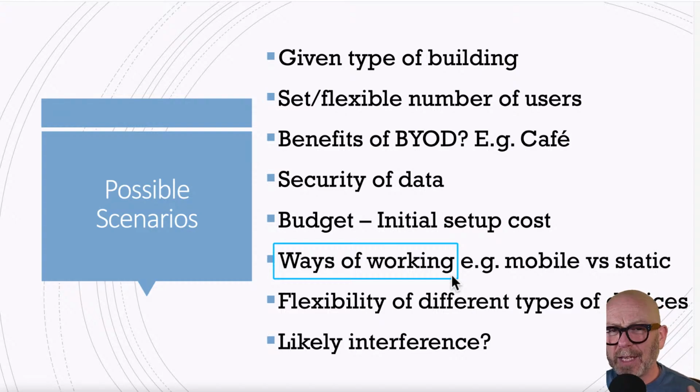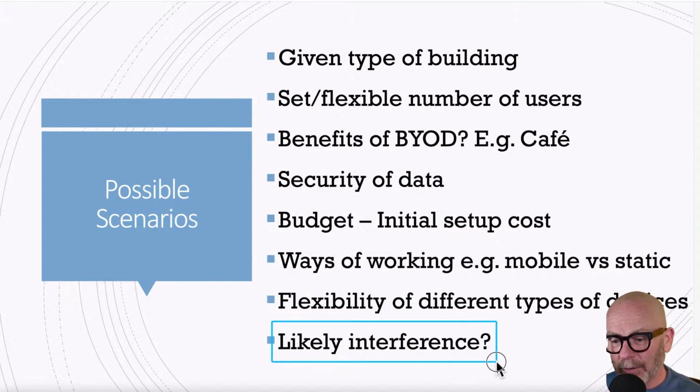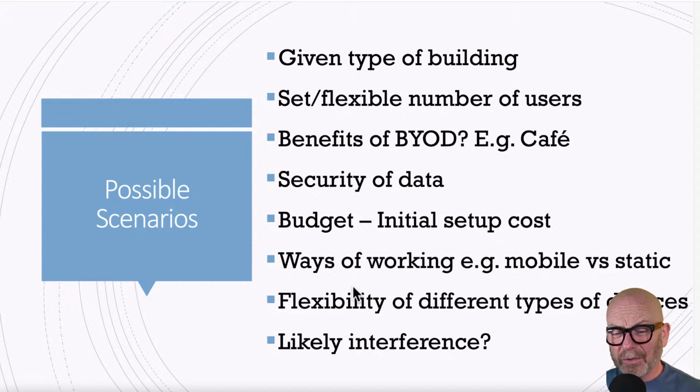So these are scenarios they haven't done yet, but there is the possibility of them asking a question like that for you in the exam, okay? And thinking about interference, that's something else you could talk about. Also, a wired network means that people need to have Ethernet ports on their network interface cards for their devices, okay?